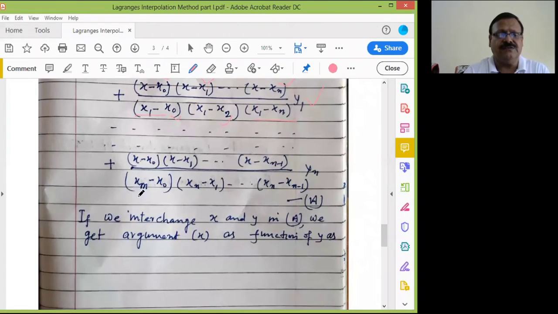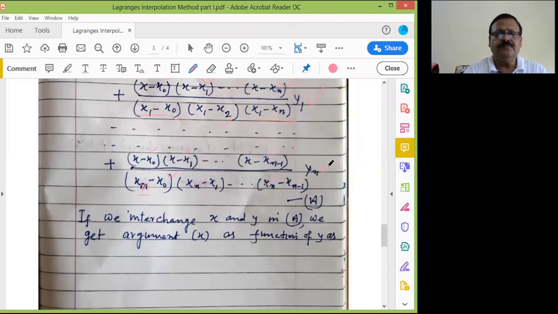And look at the last term: the denominator is xn minus x naught, xn minus x1, and so on, and xn won't be subtracted from itself. In the numerator, we start from x naught, x1, and so on, and the last is y, the last value of y.